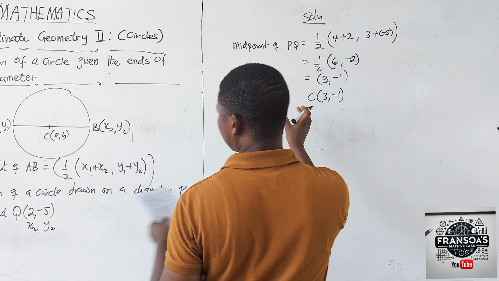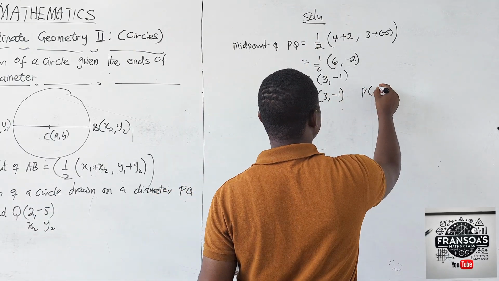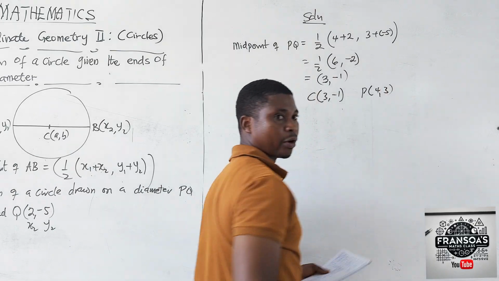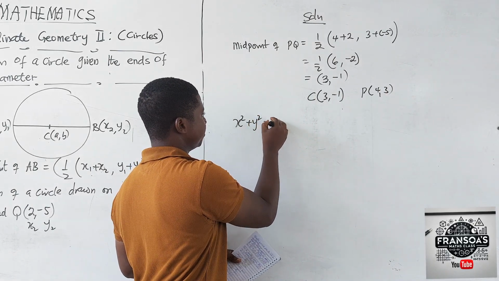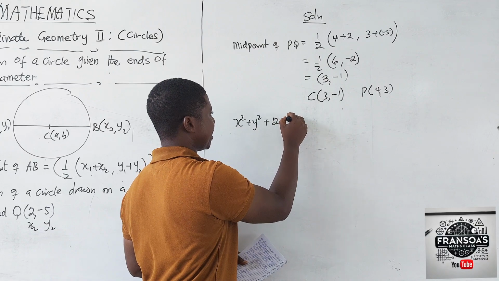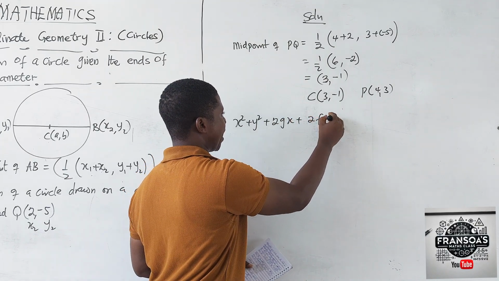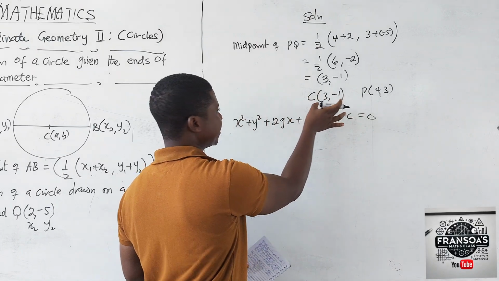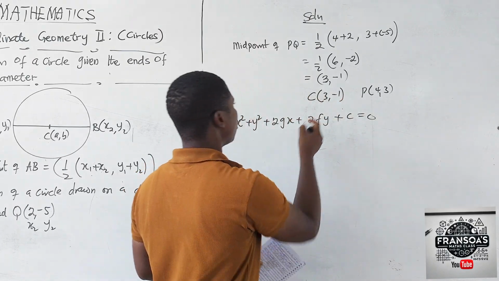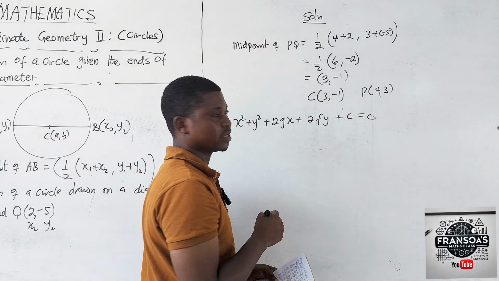Let's use this with the point P (4, 3). So we are going to find the equation of a circle, which is x squared plus y squared plus 2gx plus 2fy plus c equal to 0. So this is our center, and with our center, we can substitute it into the equation.